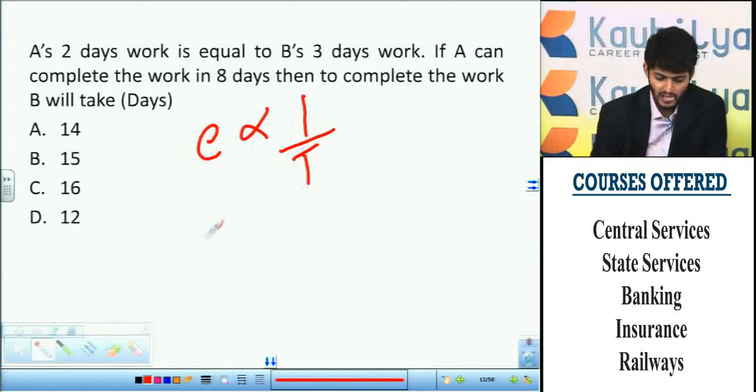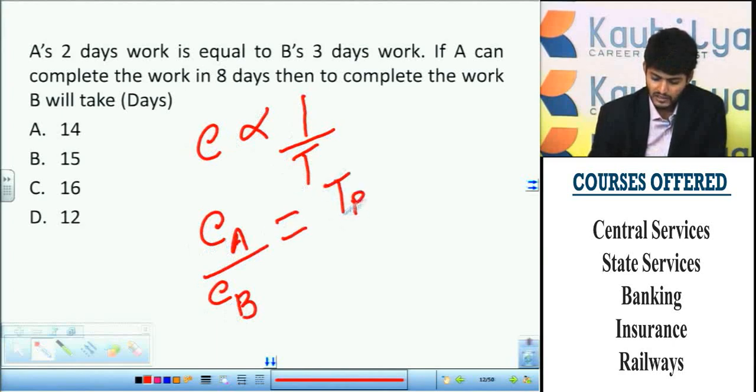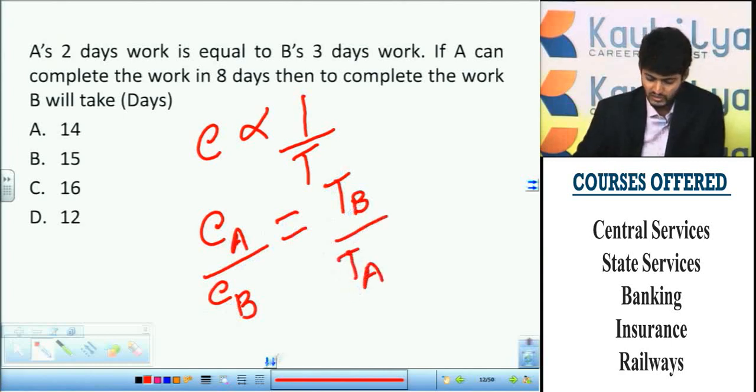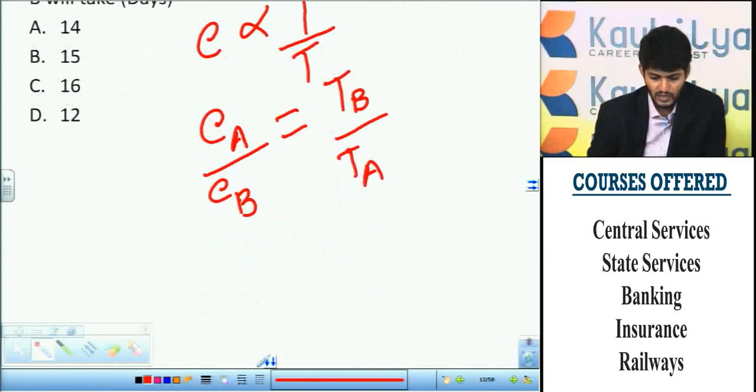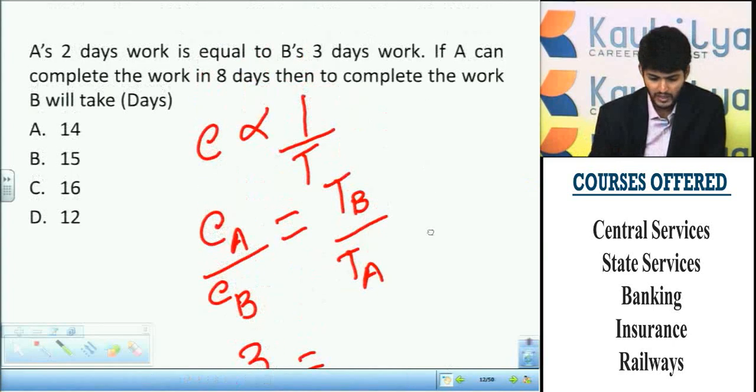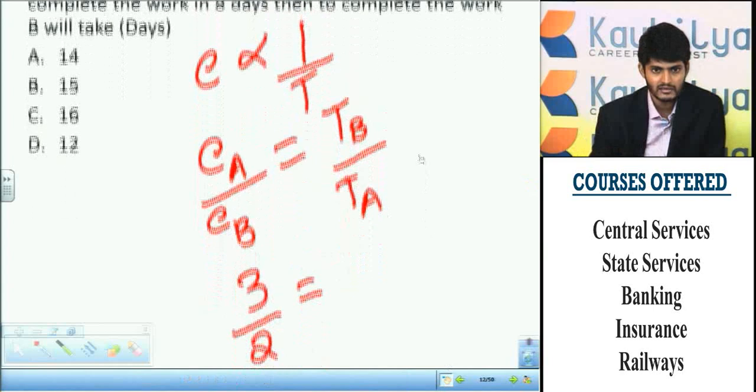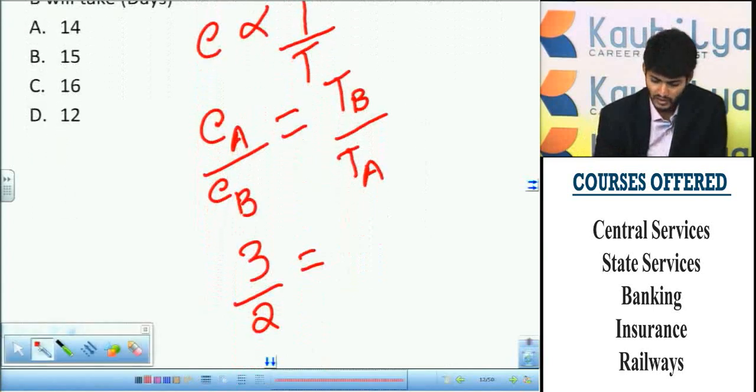So I can say efficiency of A by efficiency of B will be inversely proportional, that means time taken by B by time taken by A. Since I know the relation between efficiencies and time, efficiency of A by B, as we can see in the given problem, is 3/2, and he has clearly told the time taken by A is 8 days. Then how much time is B going to take? So time taken by A is 8 days, then time taken by B is how much?